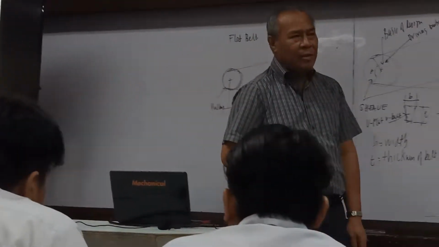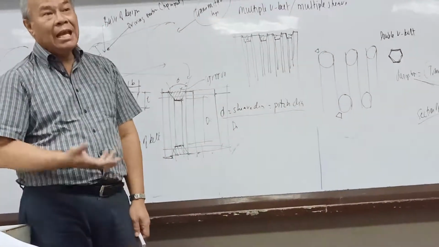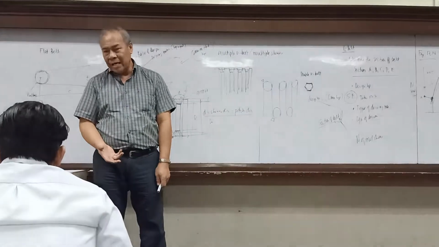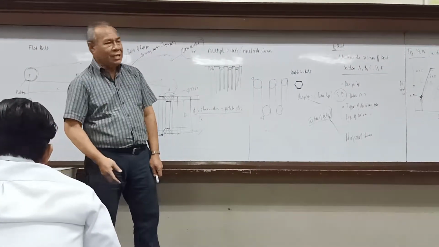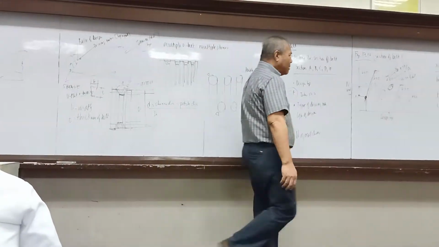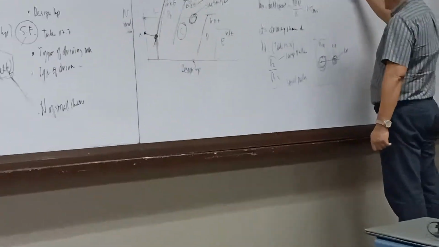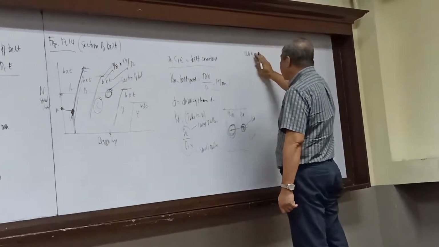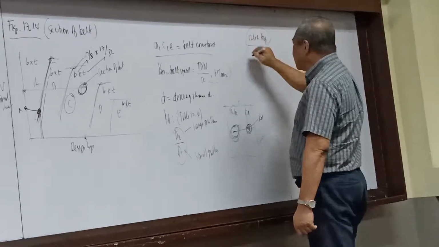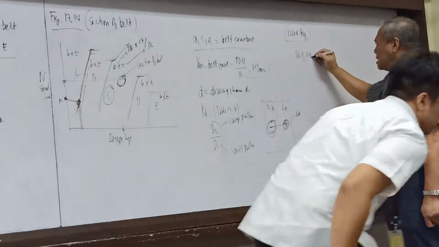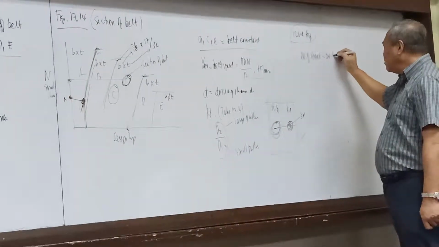Now, so alam ko na yung rated horsepower. The next thing for me to do is ilang belt ang gagamitin ko. How many belts will be required? Okay? So para malaman natin yan, supposing alam ko na yung rated horsepower. So the next thing now I need to do is to determine the number of strands or the number of belts.